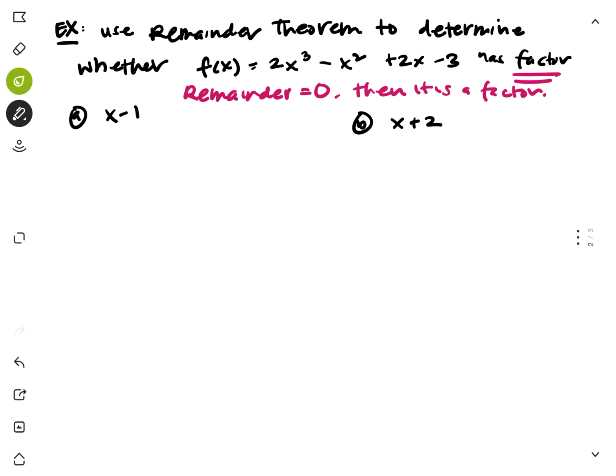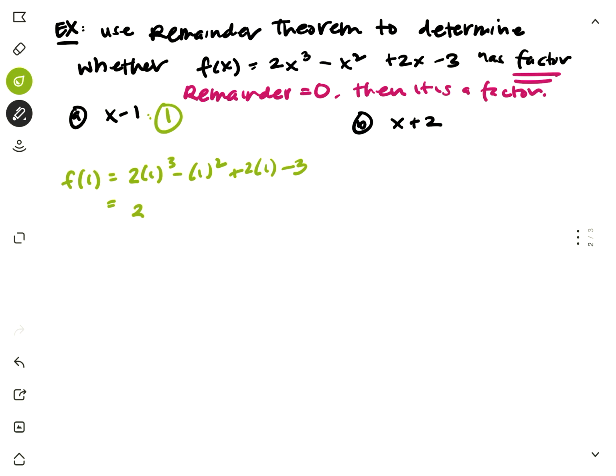So I'm going to do, for this one, the 0 is 1, right? 1 minus 1 is 0. So I'm doing the f of 1. So 2 times 1 cubed minus 1 squared plus 2 times 1 minus 3. So then 2 times 1 cubed is 1.